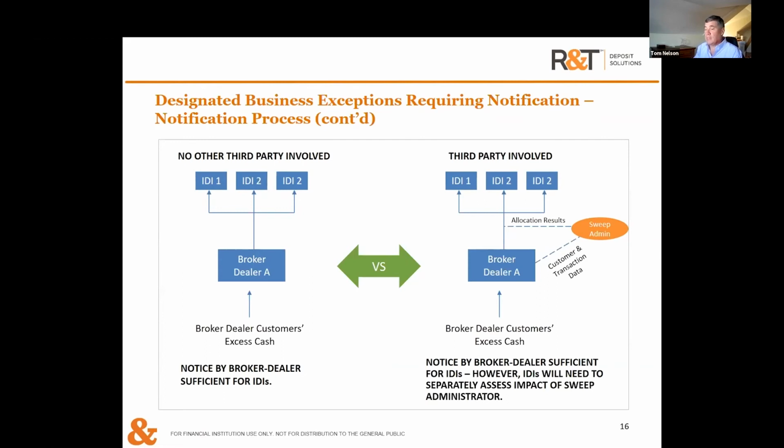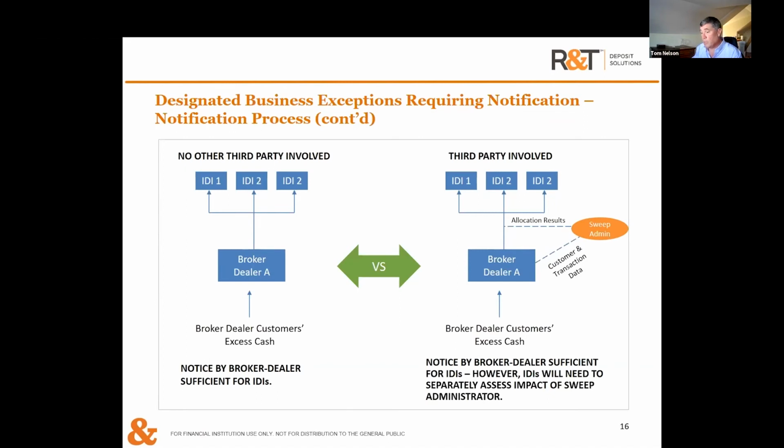On the left-hand side is a situation where there is no third party involved. A broker-dealer or a custodian or a trust company simply works with multiple IDIs in placing funds. In that situation, and again, anytime I say broker-dealer, I really mean custodian, broker-dealer, trust department, trust company, I just don't want to keep repeating all of the options.